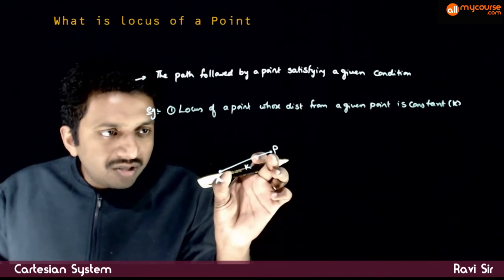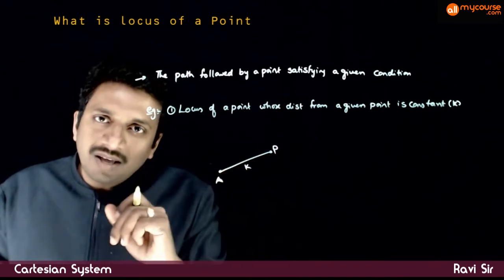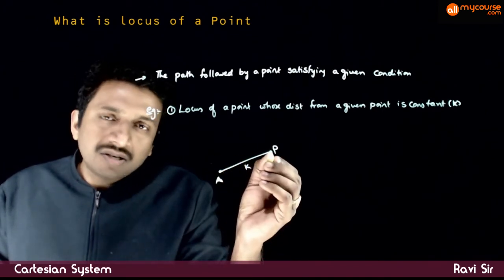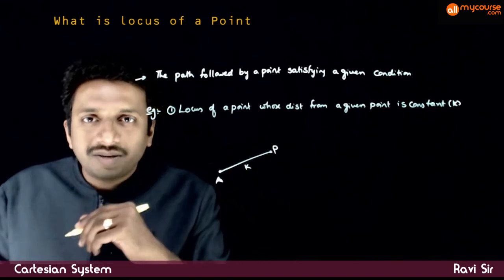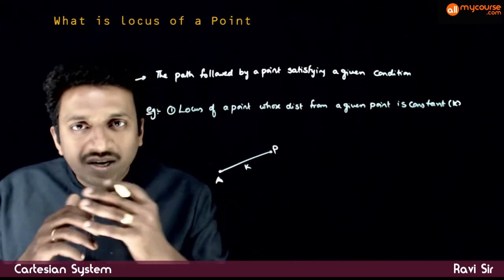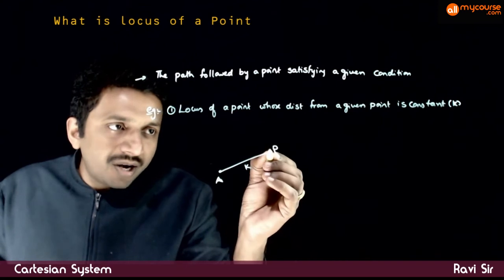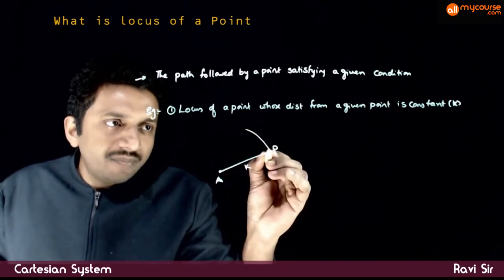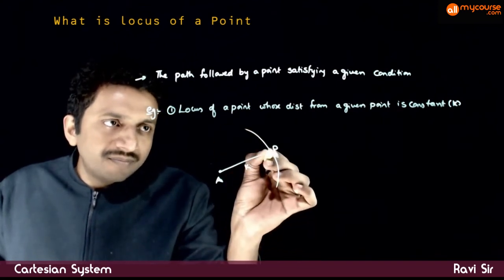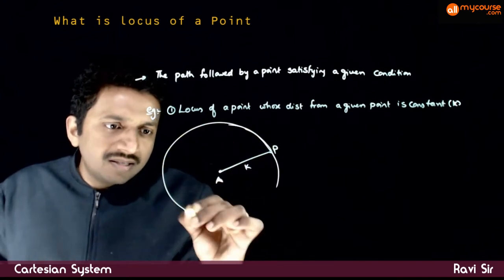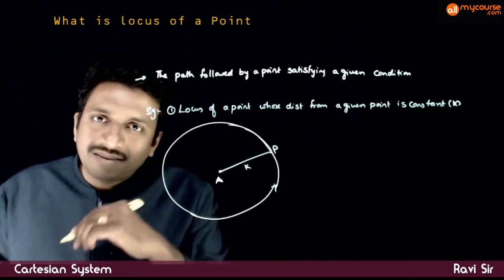So if you don't want to change this distance from A, what is the path in which you can move this point? Obviously, it's very clear that the path of point P has to be a circular path, right? Has to be a circular path.